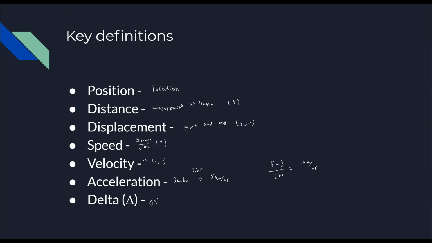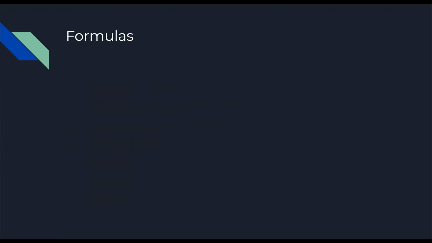Formulas. Now we're getting to the juicy parts. But of course, before we talk about a formula, I think it's always important to talk about some of the things you're going to see in a formula. So delta X usually refers to the displacement.